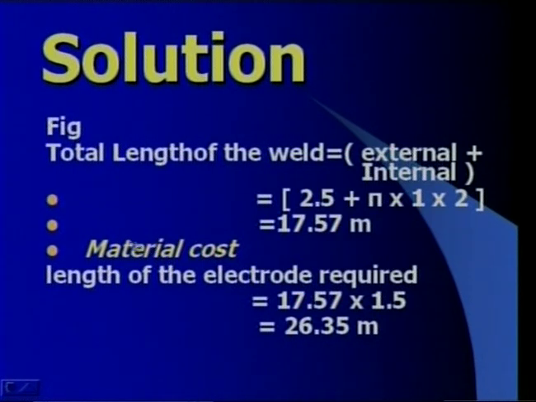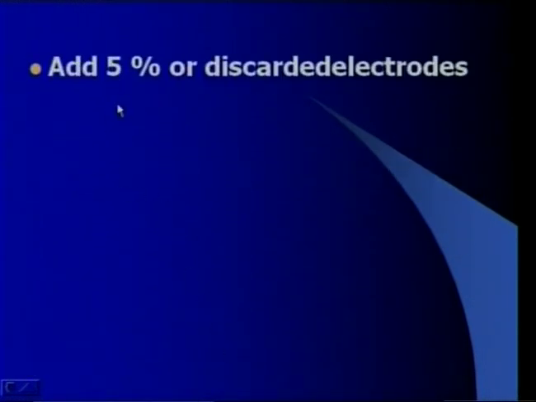Next, we will see the material cost. The material cost can be obtained from length of the electrode required, so that is 17.57 multiplied by 1.5, we will be getting 26.35 meters. Next, we will add discarded electrodes. We already know during the welding a certain portion of the electrodes is going to be wasted without actual use.